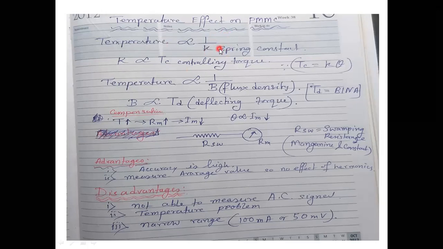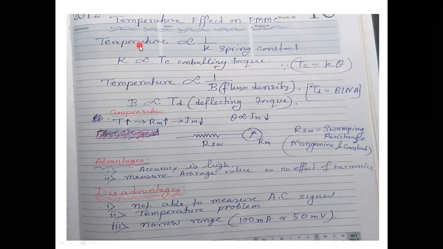This spring constant affects the controlling torque. Controlling torque TC is K into theta, where theta is the angular movement. So the controlling torque depends on K; K is directly proportional to TC.